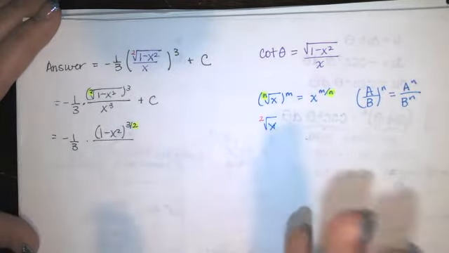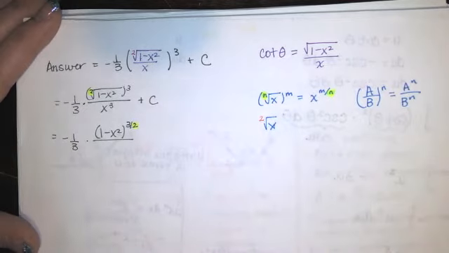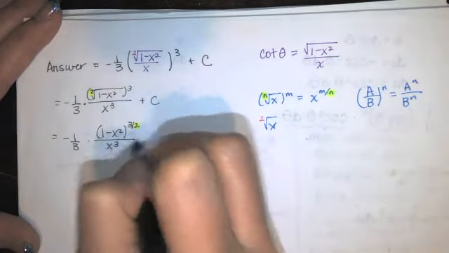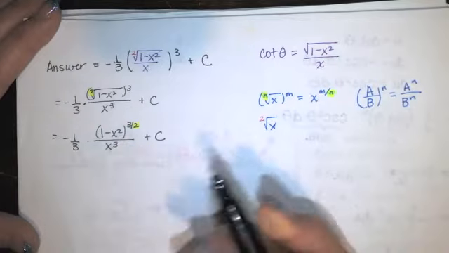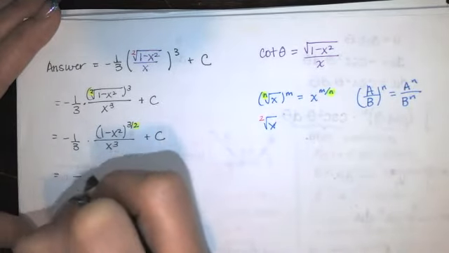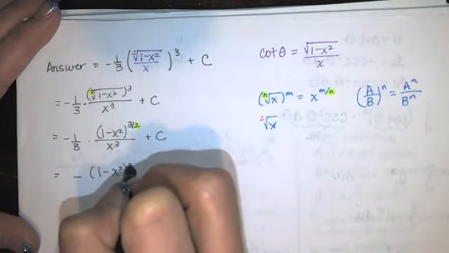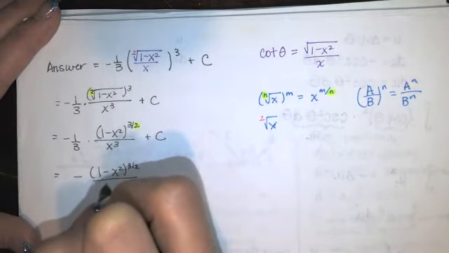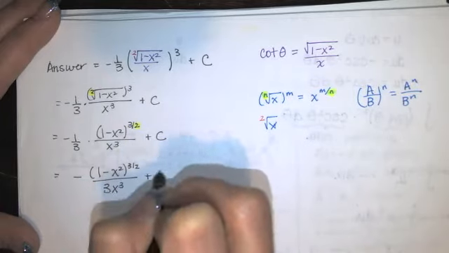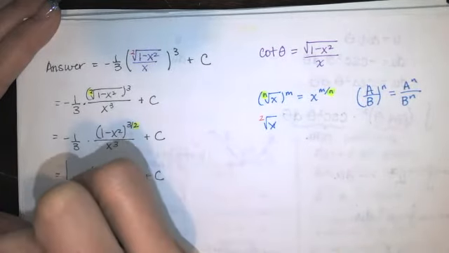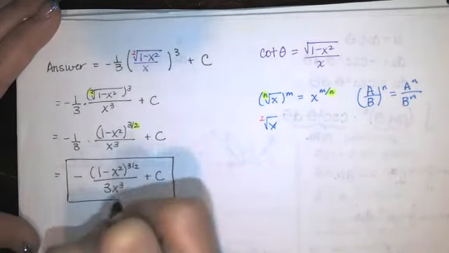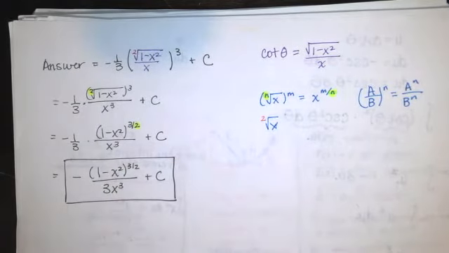The square root, we just don't write the 2. We still have the x cubed in the denominator. And now I've got 2 fractions, and I can multiply straight across to write a single fraction. This is giving us 1 minus x squared raised to the 3/2 over 3x cubed. And we still have that negative 1 out front. And that is our final answer.